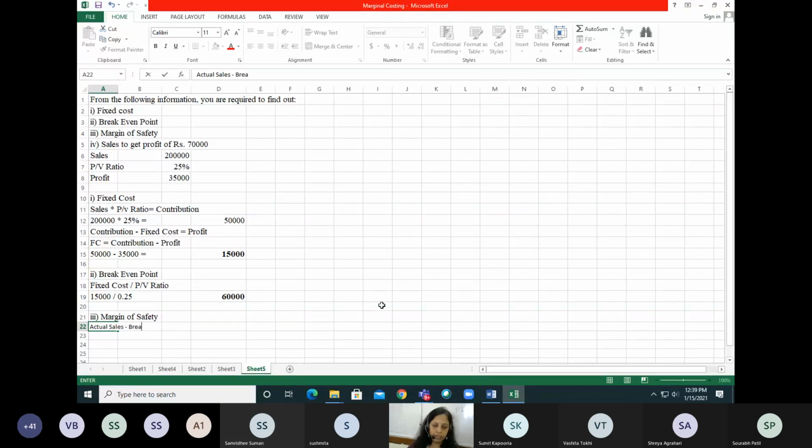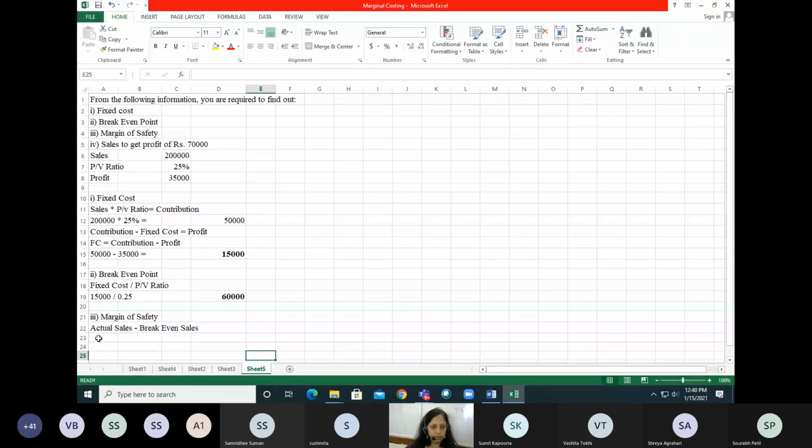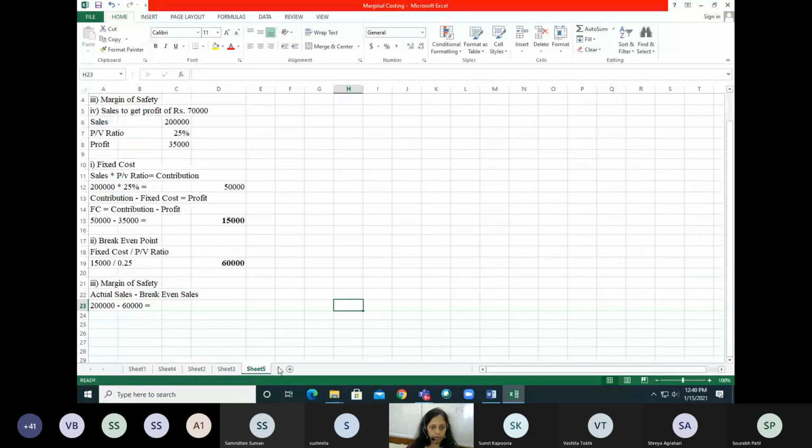Break-even sales we have calculated. Actual sales 2 lakh minus break-even sales 60,000 gives 1,40,000.